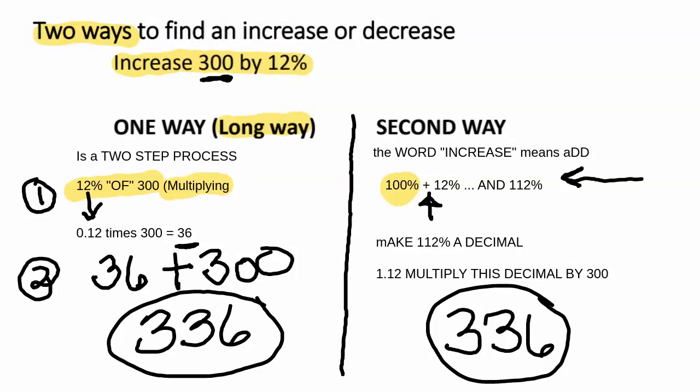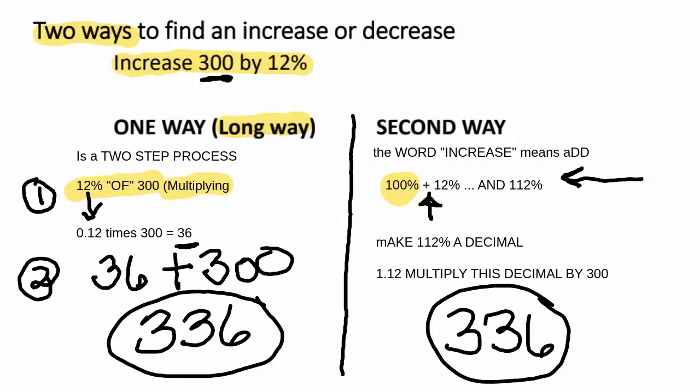Just by the word increase, I take 100% and I add 12 to it. That percent of 112 becomes a decimal. And then 1.12 times 300 is giving me the same answer I did technically in two steps.